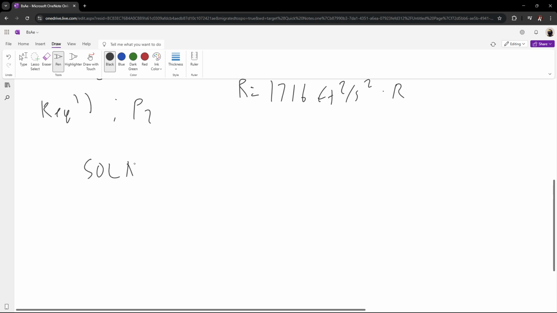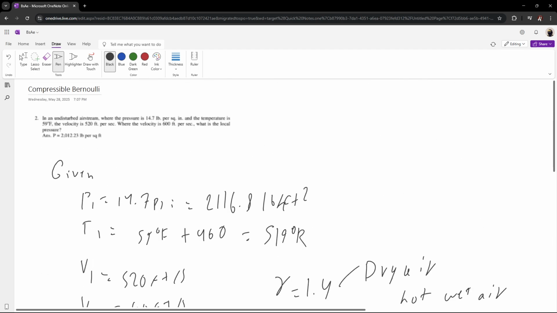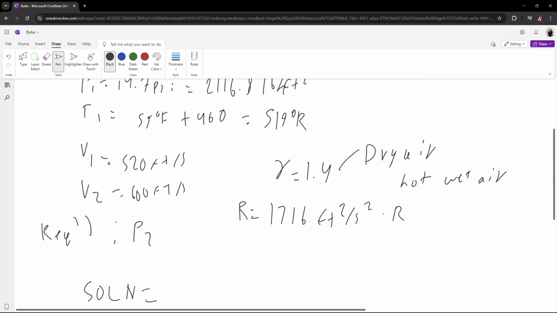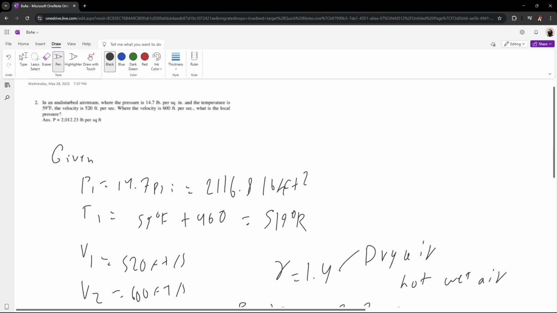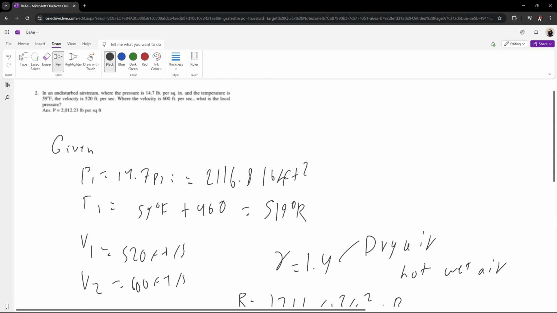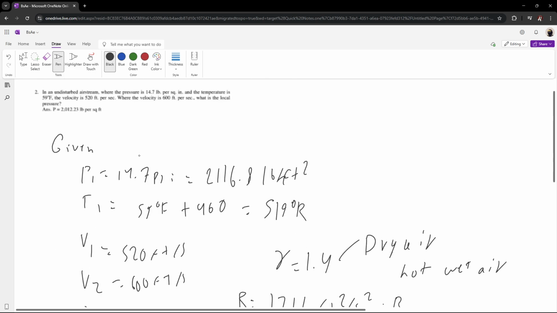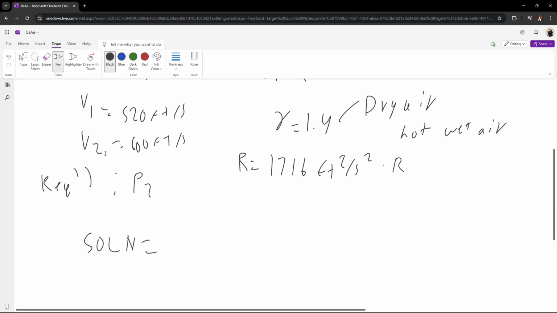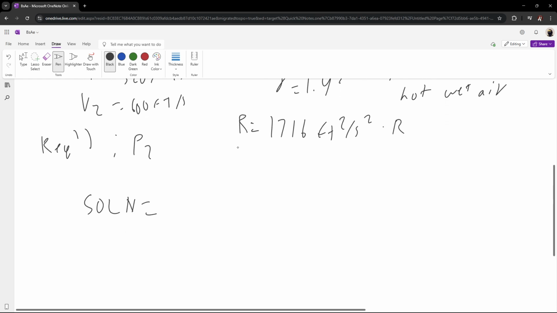Solution. There's no need to get density 1 since the pressure is already at 14.7. However, if it's not, you can't just assume and you have to calculate the density.